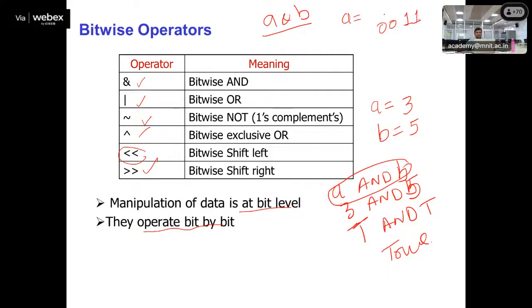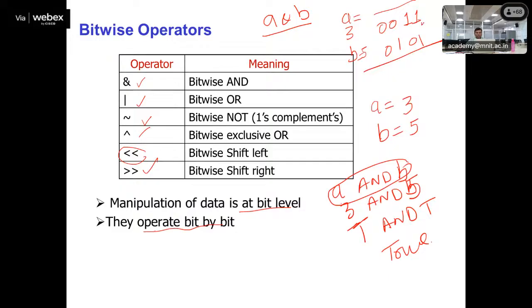This is the bitwise representation for 3. B, which is 5, will be represented as 0, 1, 0, 1. Now the bitwise AND operation takes place.